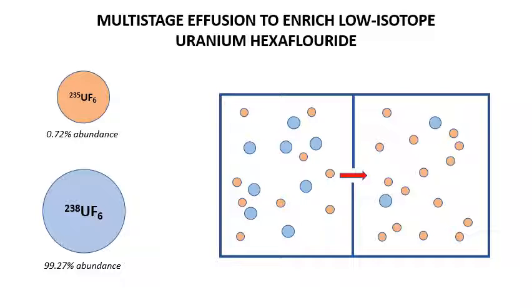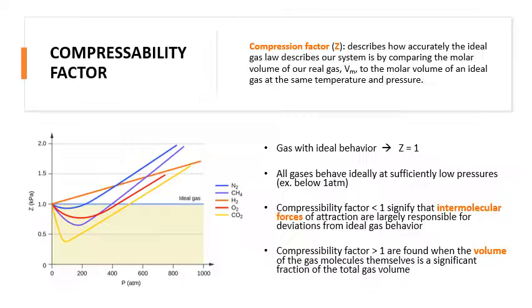In this way, natural uranium is enriched with uranium-235. You'd have to do this over a number of rounds of effusion in order to purify uranium from its raw state to a low enriched state of 3%. This wouldn't occur after just one stage of effusion.